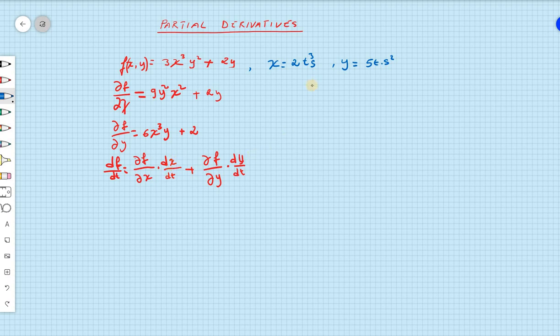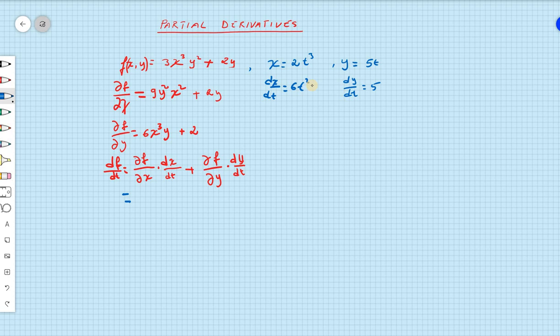So dx dt equals what? Don't forget to erase these. These are not part of it. Those were examples. So we'll have 6t squared, and then dy dt will be just 5, right? And then go ahead and plug in those we just got.